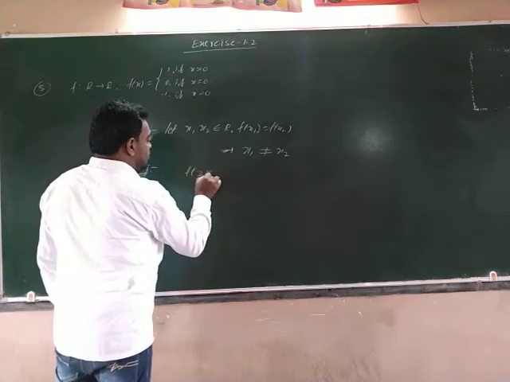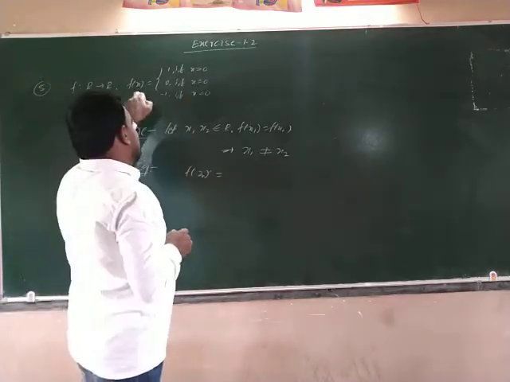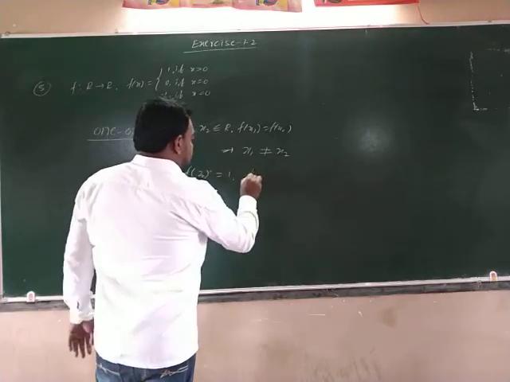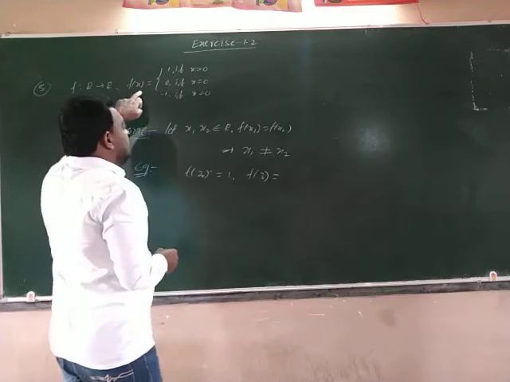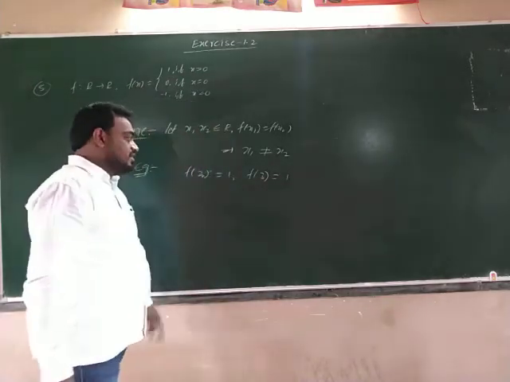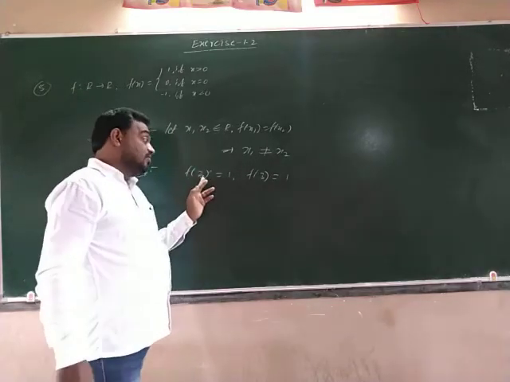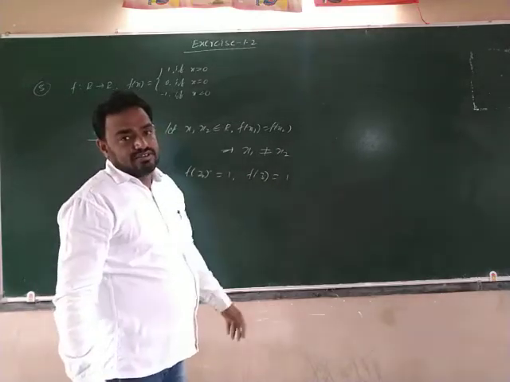f of 2: 2 is greater than 0, so f of x is equal to 1. F of 3, also greater than 0, is equal to 1. That means the images of 2 and 3 are both 1. 2 is related with 1, 3 also related with 1.